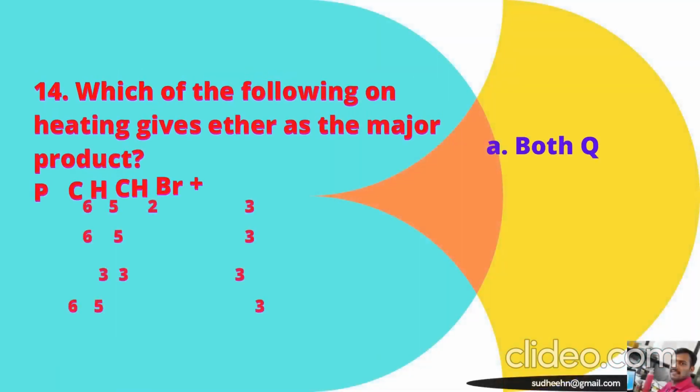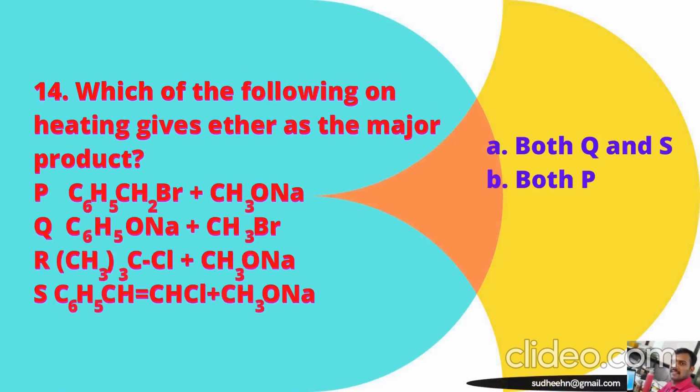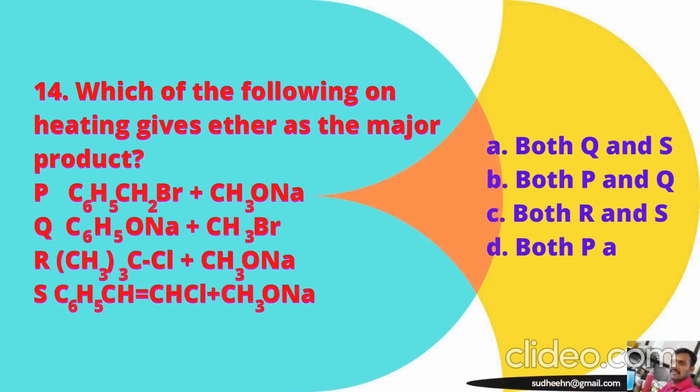Question number 14. Which of the following on heating gives ether as the major product? Reaction P, C6H5CH2Br plus CH3ONa, that is when benzyl bromide is made to react with sodium methoxide. Second reaction Q, C6H5ONa and CH3Br, that is when sodium phenoxide is made to react with bromomethane.